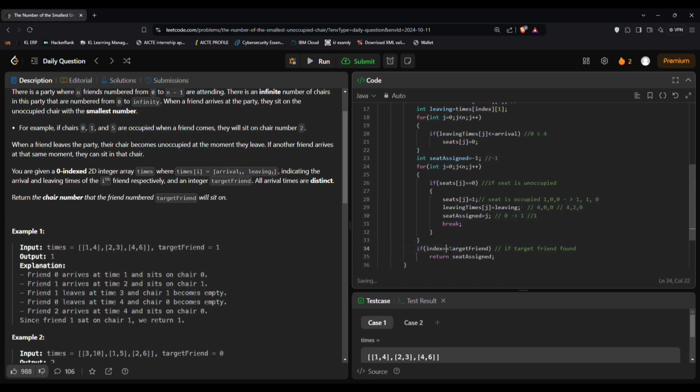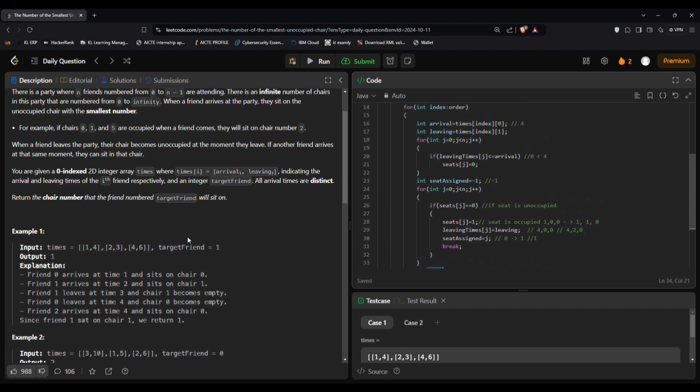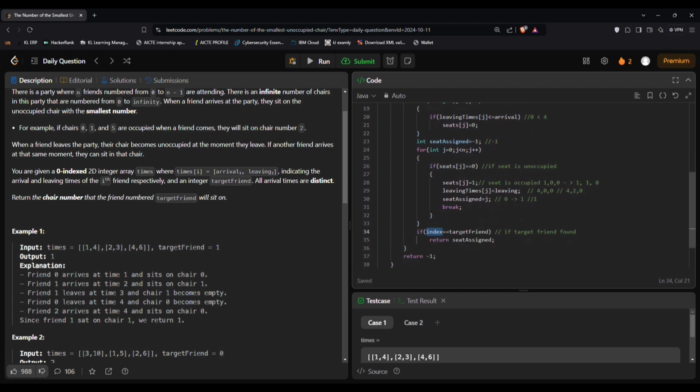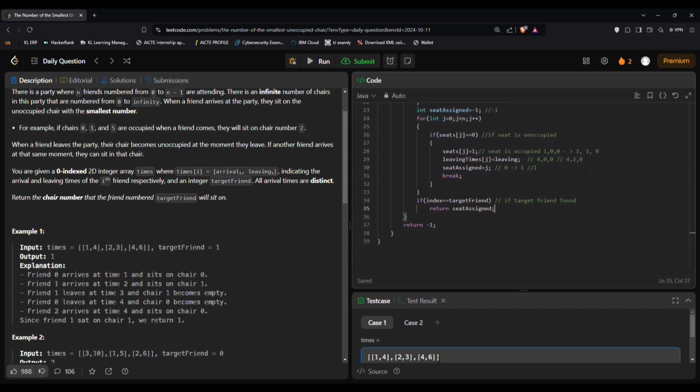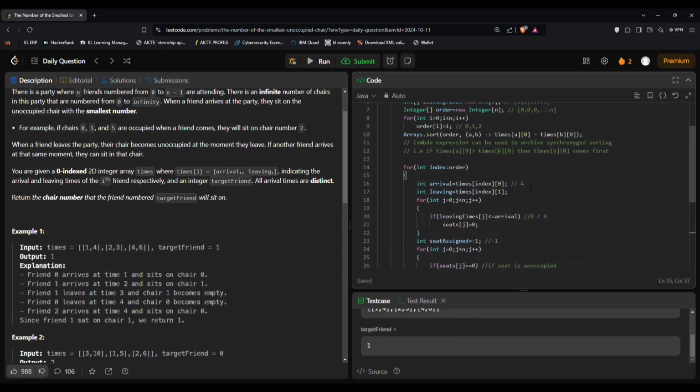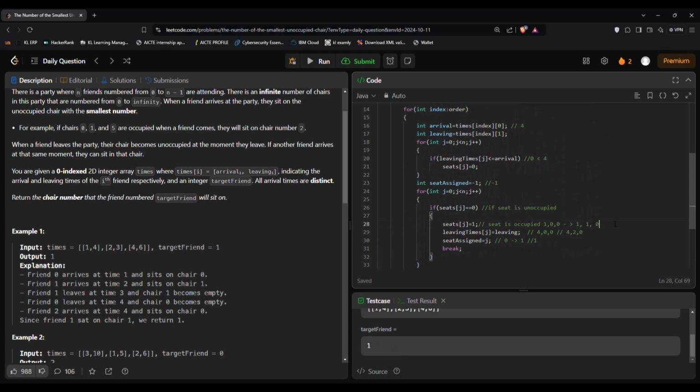The index of the second person, that means 1, is equal to the target friend 1. We have to find the seat for the target friend, so the assigned seat is directly returned, that is, 1 will be returned. For the third person, the seats will be updated like 1 1 1, as it was 1 0 0. As the first person will leave at the fourth time interval, the third person will come into the party at the fourth time interval.